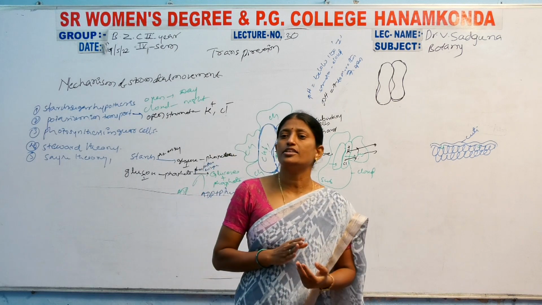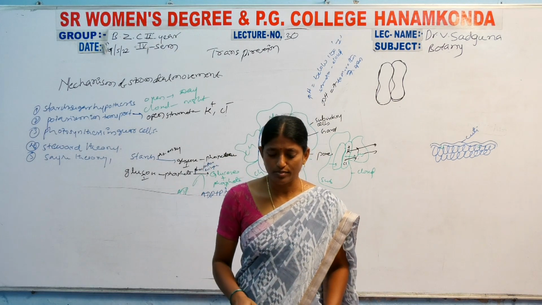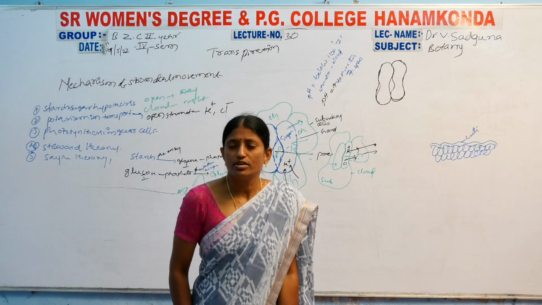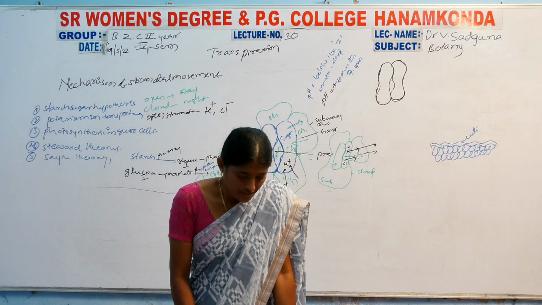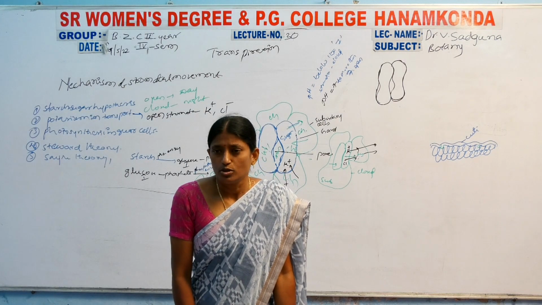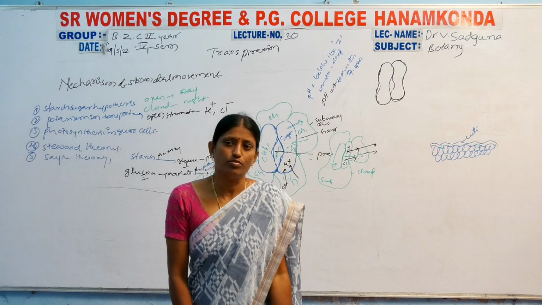Ions are also highly concentrated at the same time and are involved in this type of stomatal movement. So this is one of the important questions from the exam point of view: stomatal structure or stomatal movement.